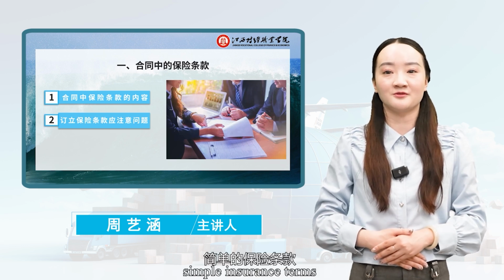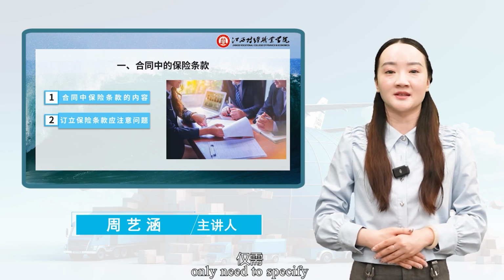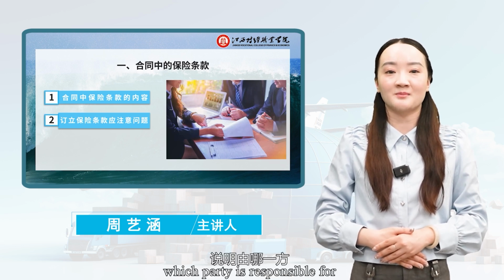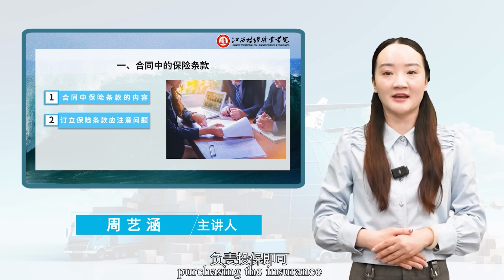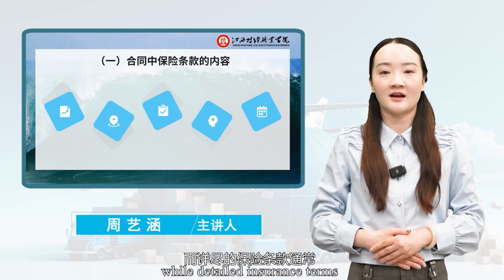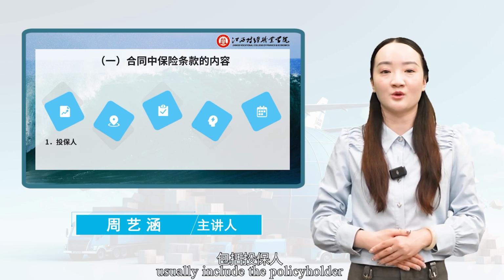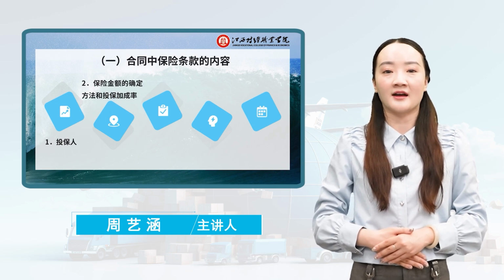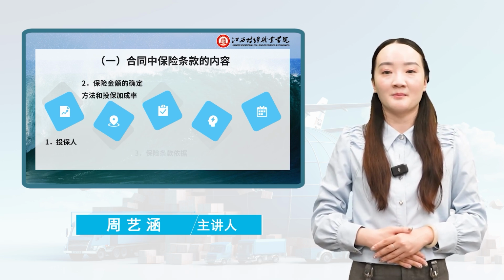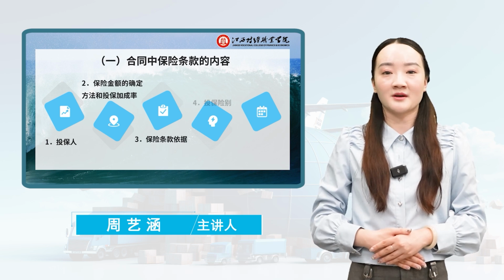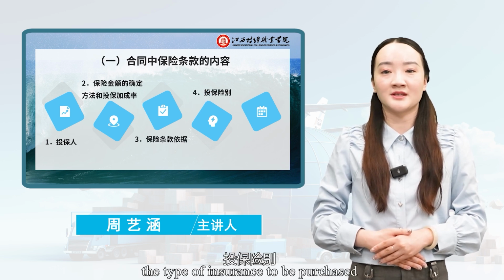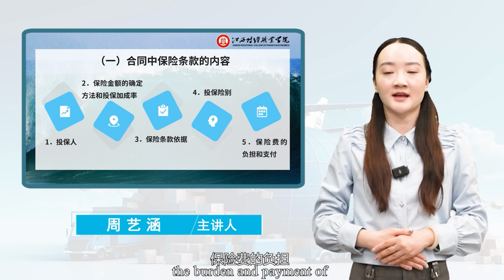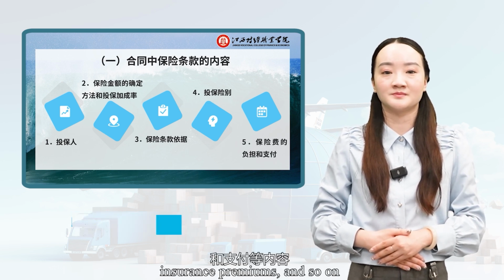In general, simple insurance terms only need to specify which party is responsible for purchasing the insurance, while detailed insurance terms usually include the placeholder, the method of determining the insurance amount, the insurance premium rate, the basis for insurance terms, the type of insurance to be purchased, the burden and payment of insurance premiums, and so on.